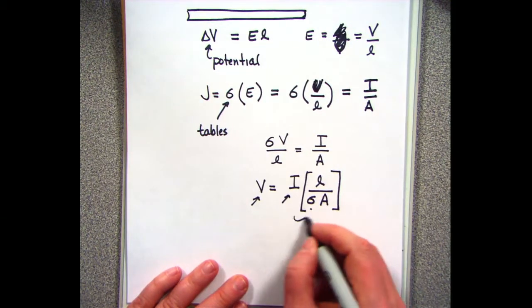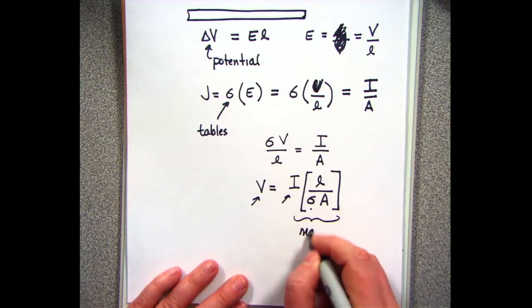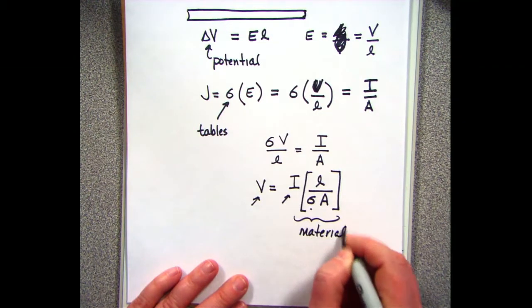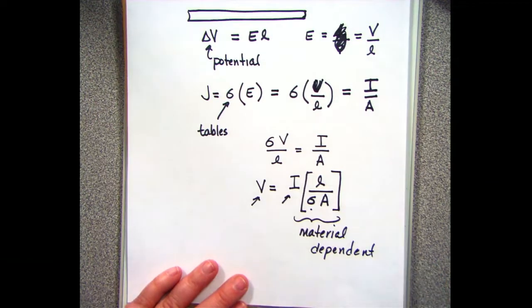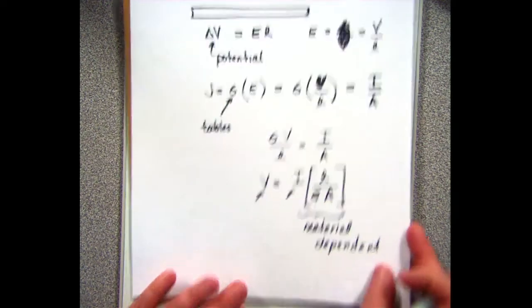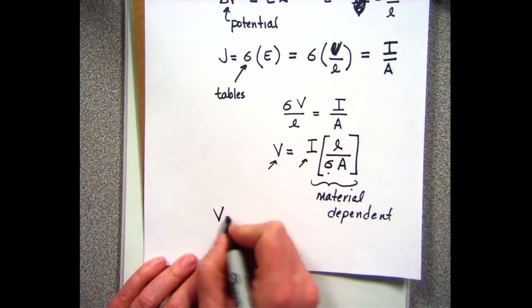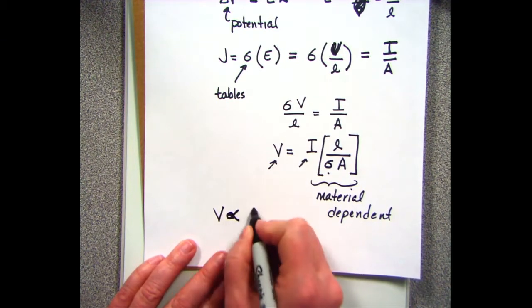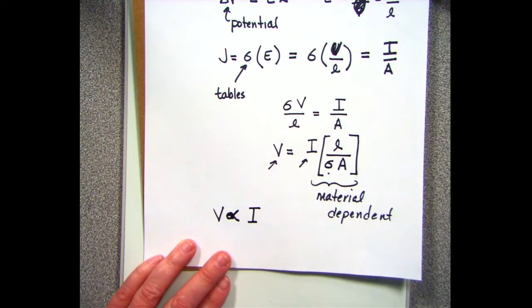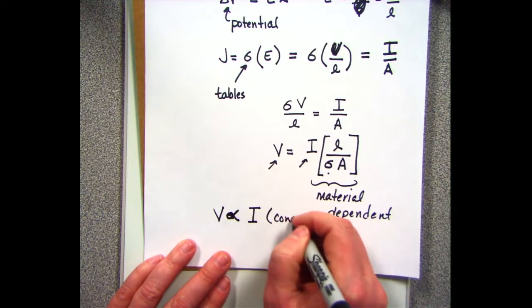So what we can do is we can define, or if I can look at it a different way, and let's look at it from a mathematical perspective, what this is saying is that voltage is directly proportional to current. And there's some type of constant here, which we've just shown is material dependent. So if I do look at that and I say, all right, let's do voltage divided by current, that's going to equal some constant.